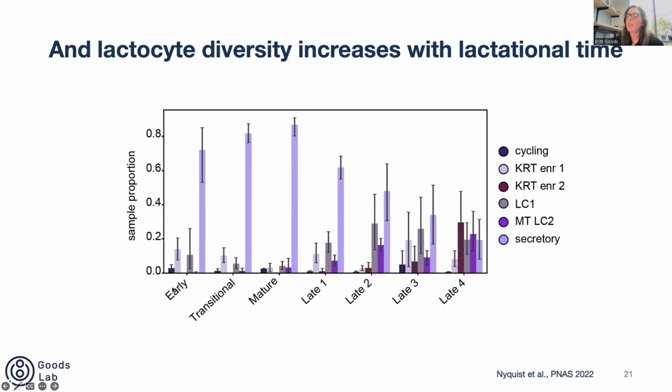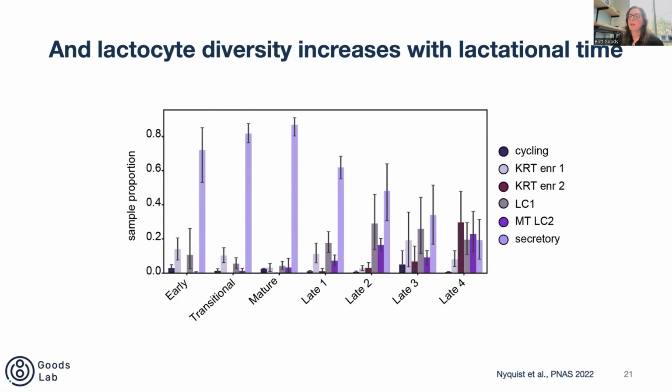I really just wanted to highlight that when we look at the sample proportion of all of these different epithelial subsets in our breast milk as a function of time postpartum, either early, transitional, mature, or weeks to even years beyond into lactation, we can see that the overall diversity of lactocytes increases with time, which could suggest some sort of specialization of these cells as lactation continues. But I do also want to highlight that this secretory population is the highest population overall, except for in our later time points generally. Okay.